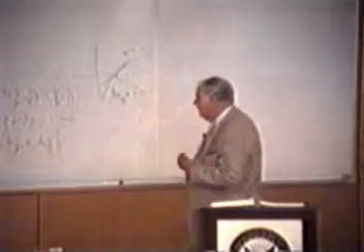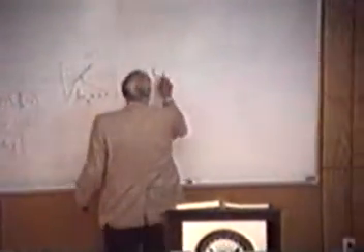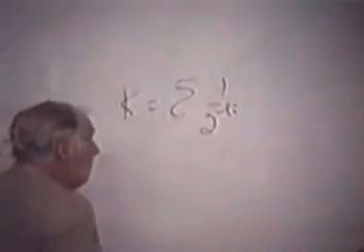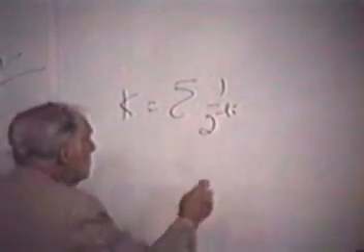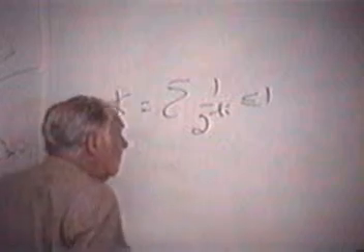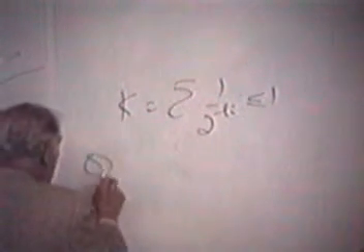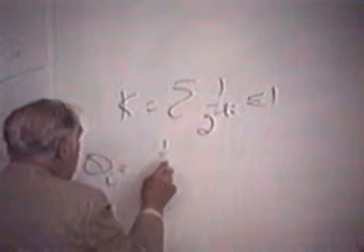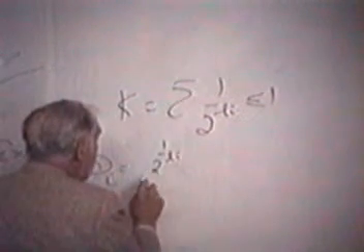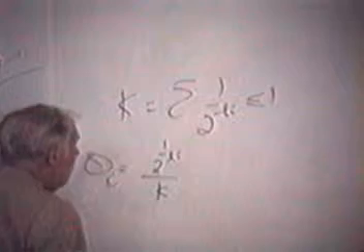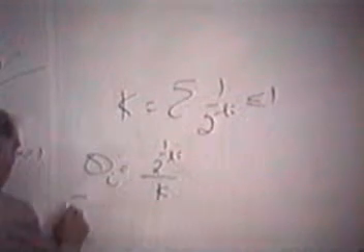Now I'm going to take the Kraft inequality. You remember that one? This was less than or equal to 1. Well, I'm going to consider some Qi's, which are going to be 1 over 2 to the Li divided by K. Now you see the sum of the Qi's is equal to 1. I fixed it up that way.